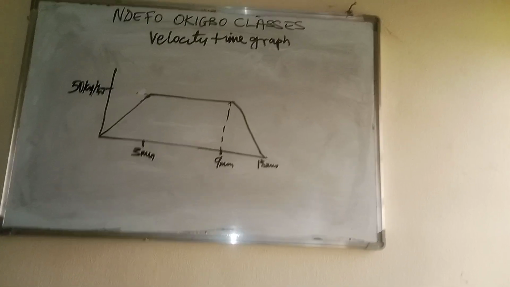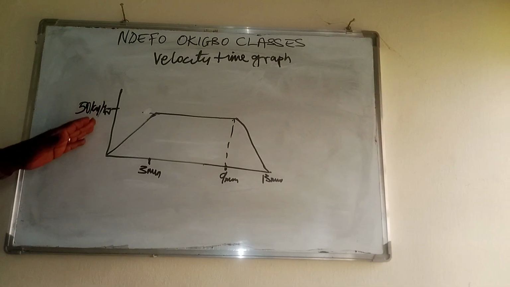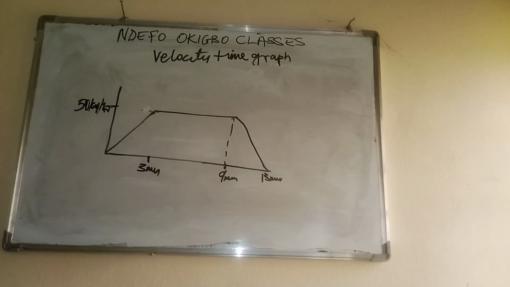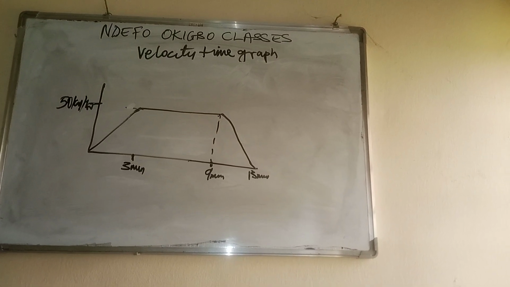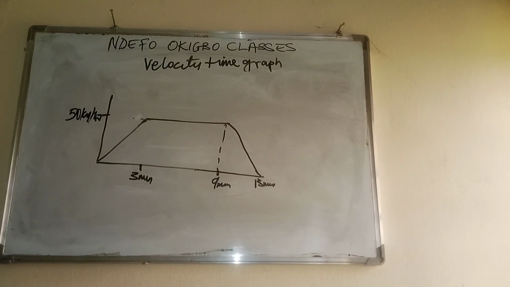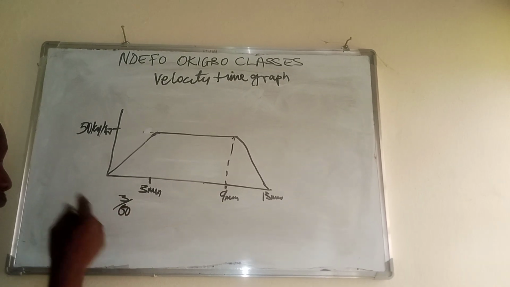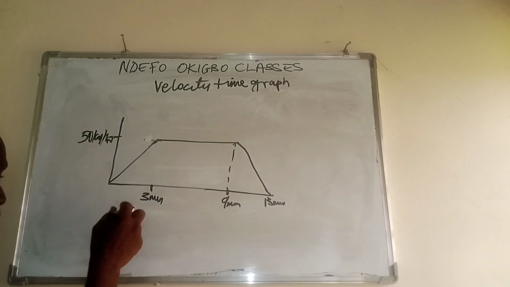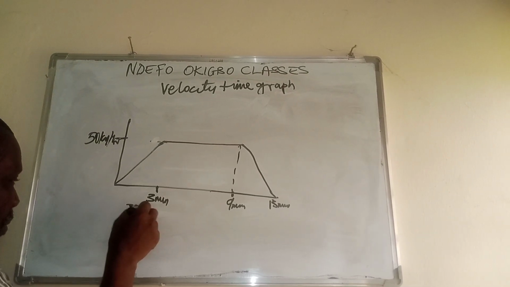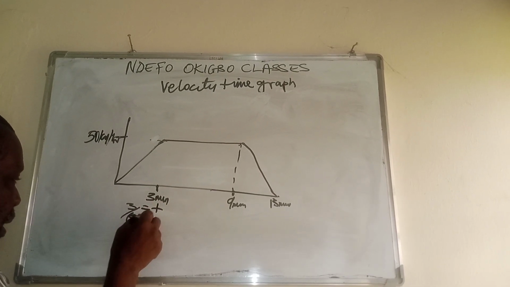To start with, since we are working with kilometers per hour, I can change everything to hours. So this is 3 over 60 hours, which is equal to 1 over 20 hours.